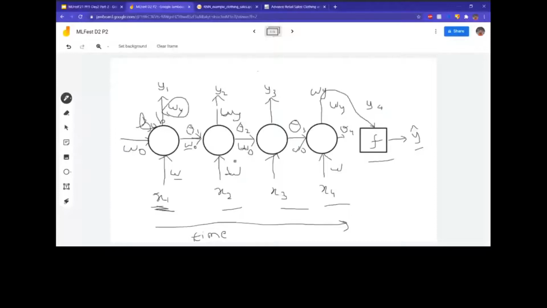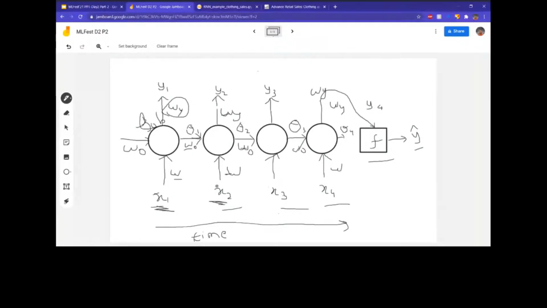We're passing it on to the next step. Then we're putting the new input x2 into the same neuron. Yes, Nisrin, the inputs are different, but the neuron is the same. Keep that in mind. That's why the weights are going to be the same. The weights are a property of a neuron rather than the input.